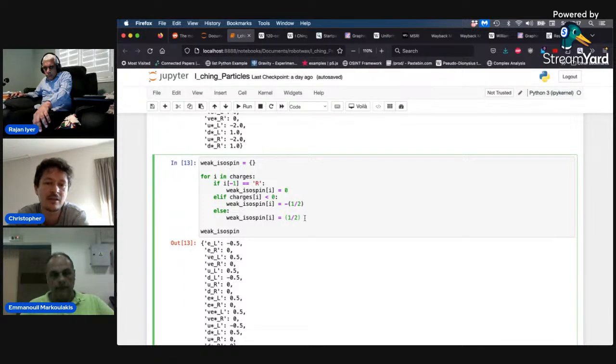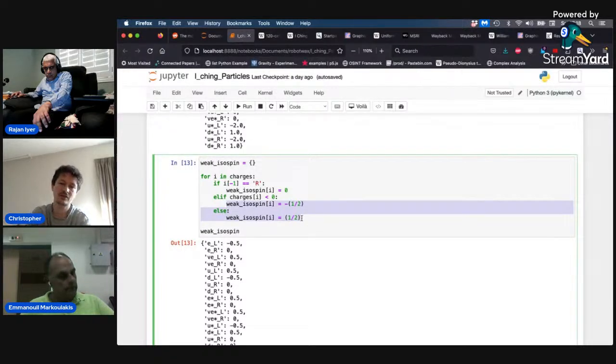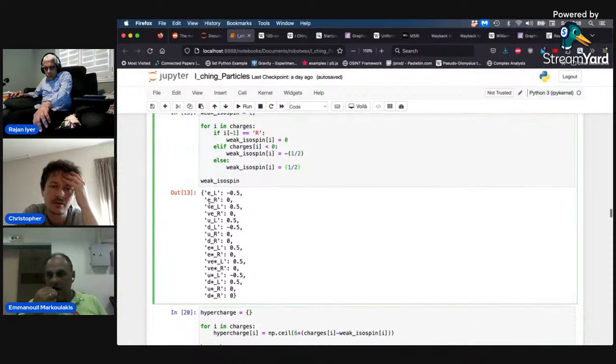Otherwise, it's going to be +0.5. So these are only for the left-handed particles, which is to say that the weak force only interacts with left-handed particles. So it's this chiral symmetry breaking of the CPT violation.